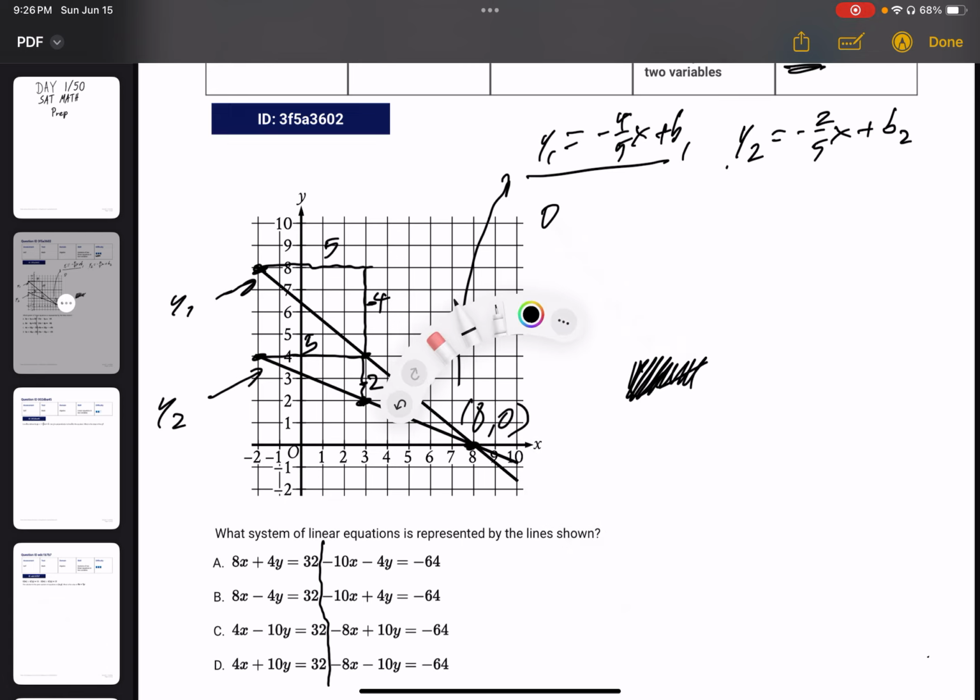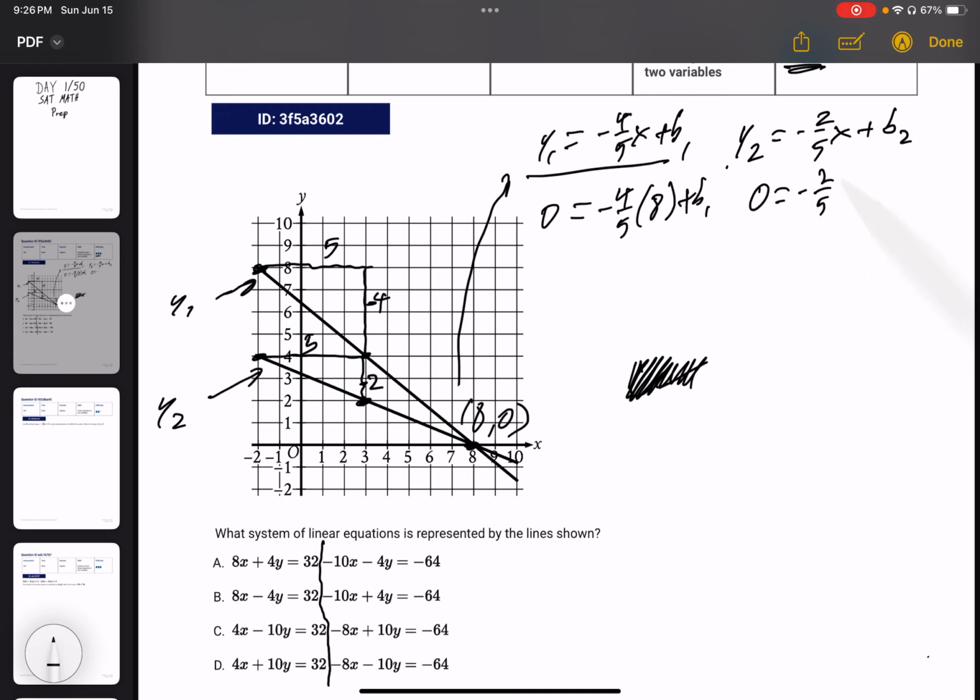So that will be 0 is equal to negative 4 over 5 times 8 plus b1, and this will be 0 is equal to negative 2 over 5 times 8 plus b2, and then solving for each one, b1 is equal to, moving this over to this side, 32 over 5, and then b2 is equal to 16 over 5. So we can write out our equations now.